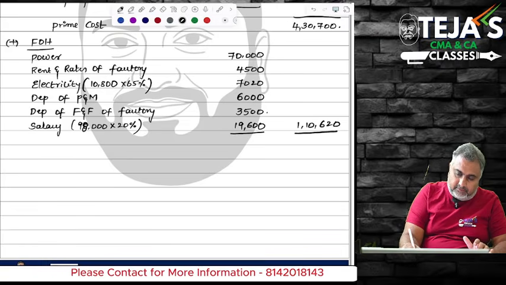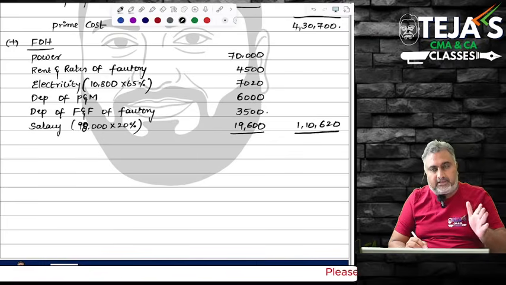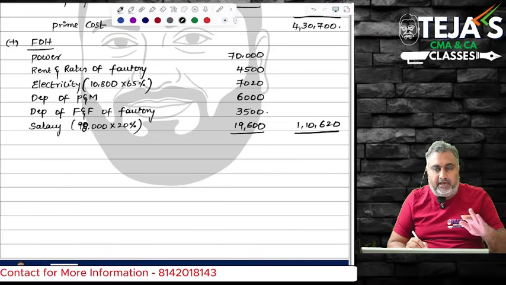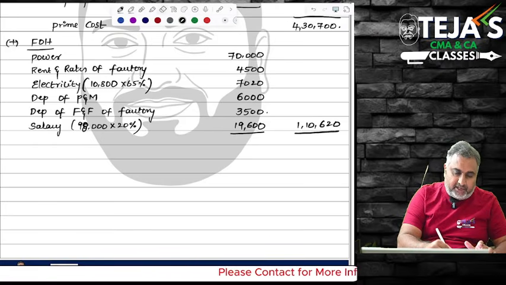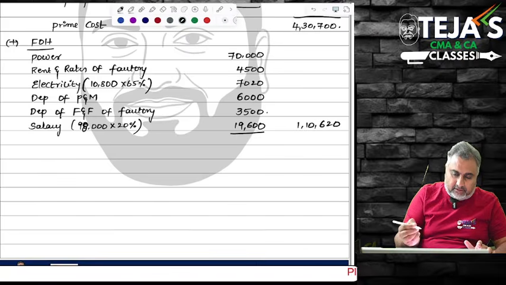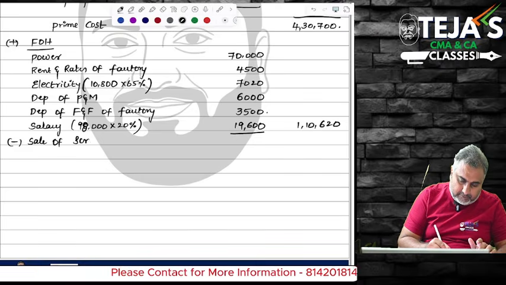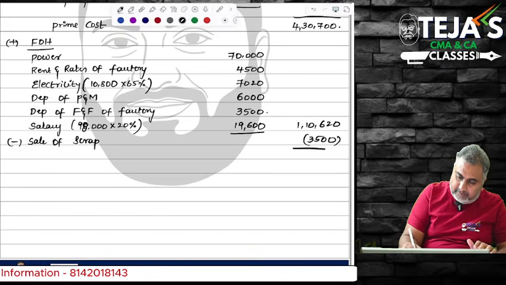Then we will get gross factory cost and net factory cost directly. Why? We don't have any opening and closing work in progress. That's the reason before writing net factory cost or works cost, deduct sale of scrap, 3,500.